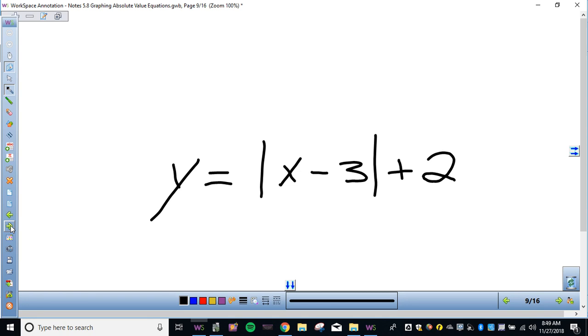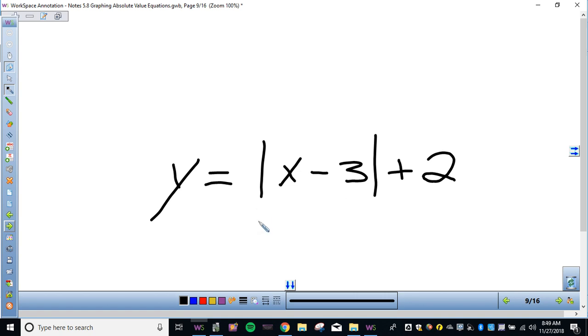It should be right. Right 3, up 2. So this one, the -3 inside is what?